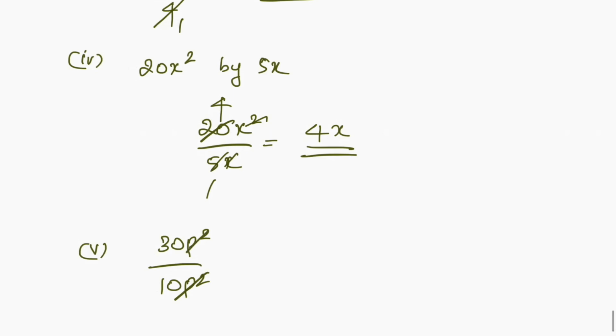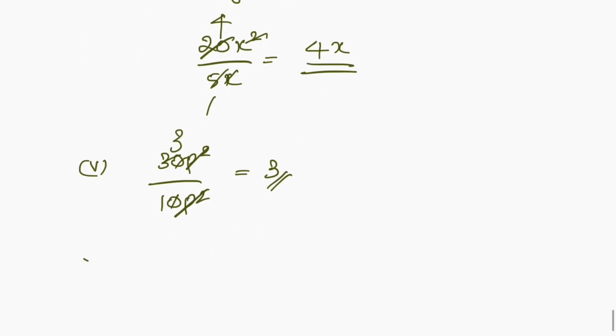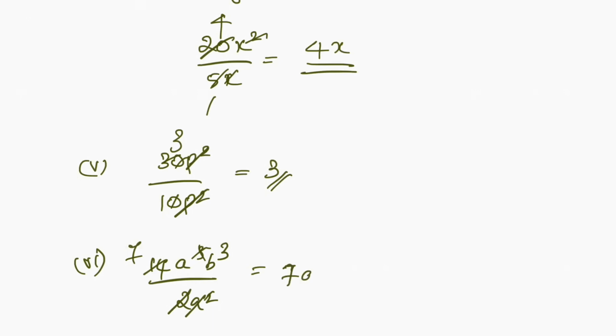P square and p square are getting cancelled, so your answer will be 3. Next one, 14a cube b cube by 2a square. 2 sevens are 14, so you'll get 7a b cube.